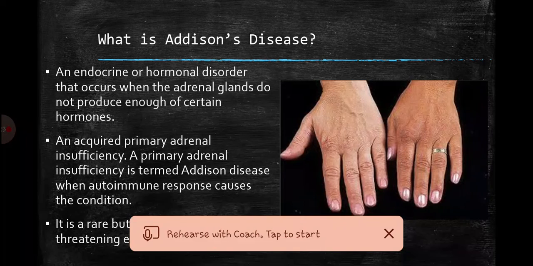However, it can also present acutely, often triggered by intercurrent illness. The presentation of adrenal insufficiency depends on the rate and extent of adrenal function involvement. The most common cause of primary adrenal insufficiency is autoimmune adrenalitis, also known as Addison's disease, associated with increased levels of 21-hydroxylase antibodies.